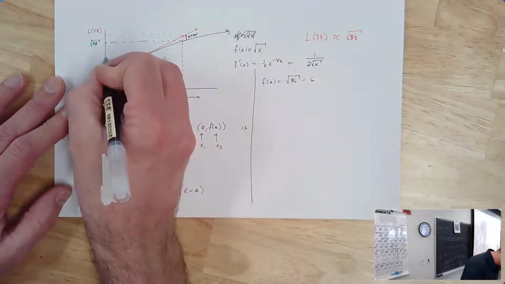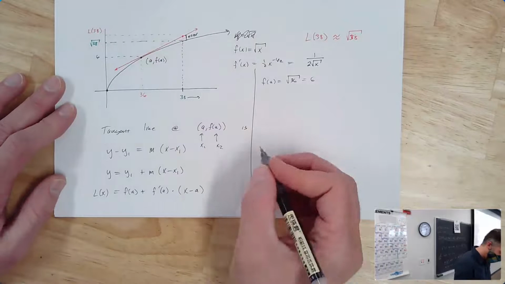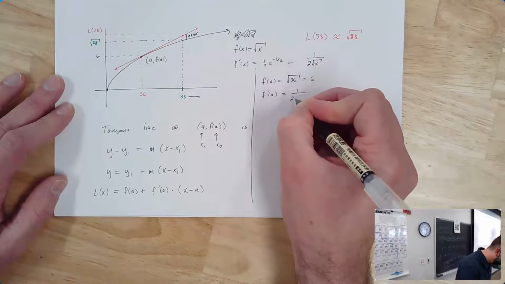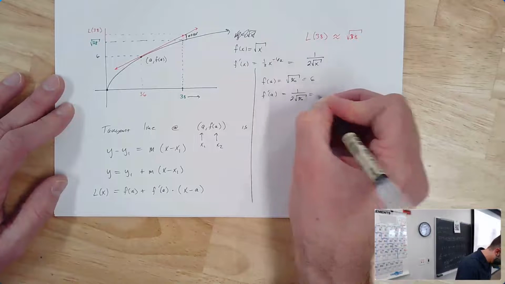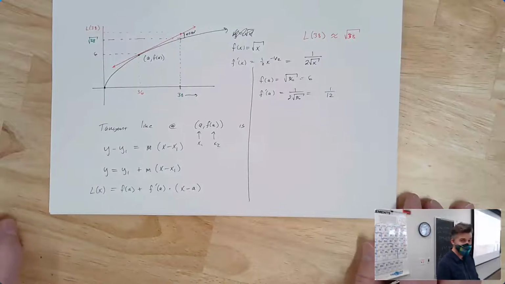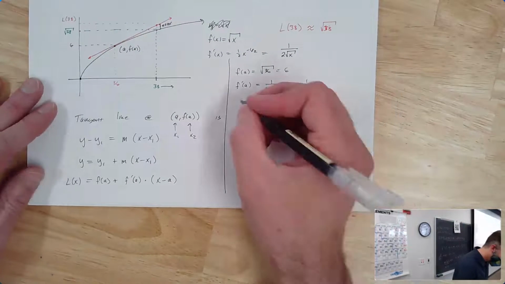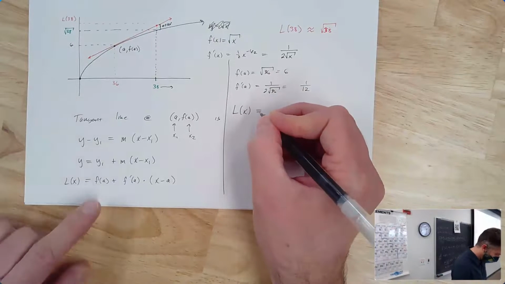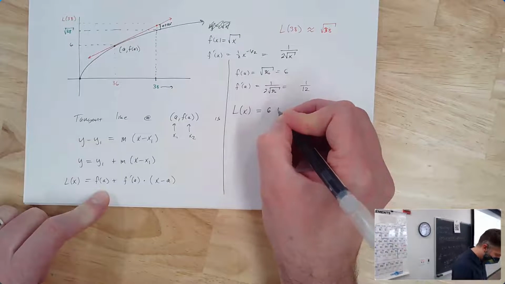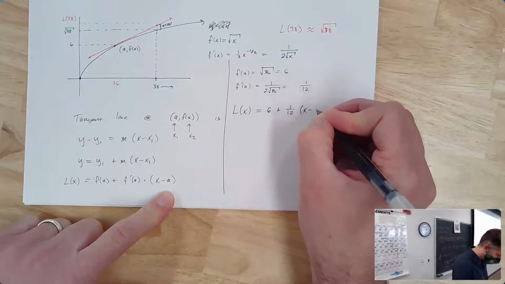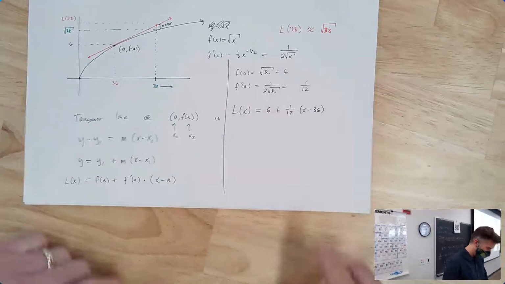And f prime of a is 1 over 2 times the square root of 36, which is 1 over 12. So here's what my linearization looks like. L of x, or y, is equal to f of a, which is 6, plus f prime of a, which is 1/12, times x minus 36.